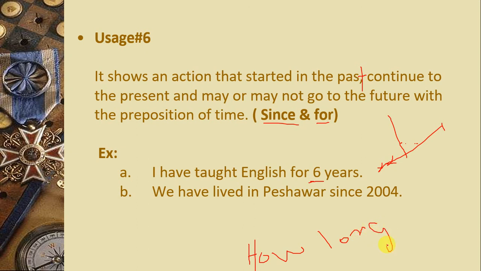So we say, dear students, that this usage of present perfect tense is very important. It shows an action, because it is a little related to the first usage that we read at the beginning of the lecture, that started in the past, continues to the present, and may or may not go to the future, with the preposition of time.